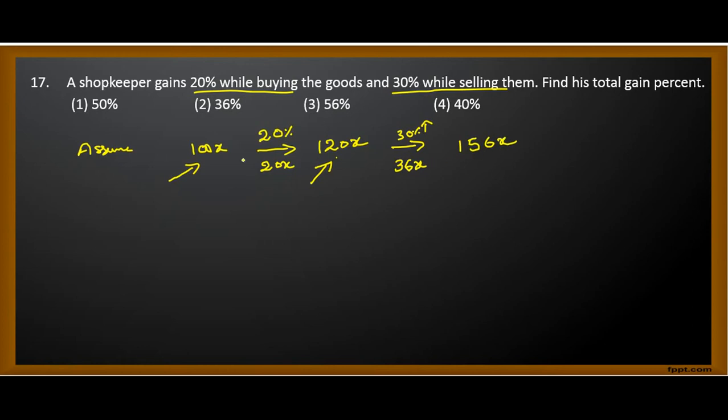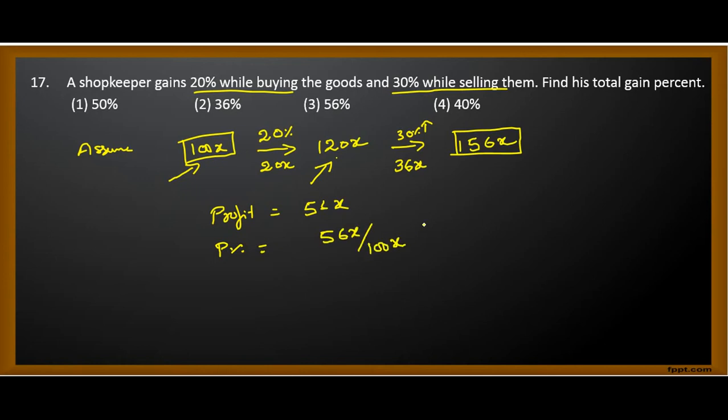In the whole transaction, the shopkeeper invested 100x and received a total of 156x. What is the profit he got? Profit is 56x. Profit percentage is 56x by his cost price, his investment 100x, into 100, which equals 56%.